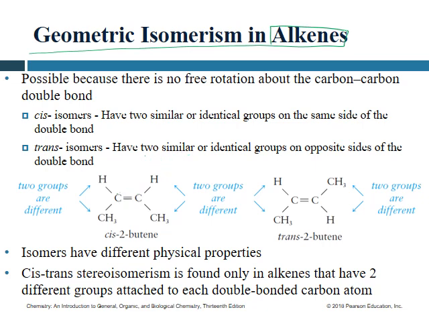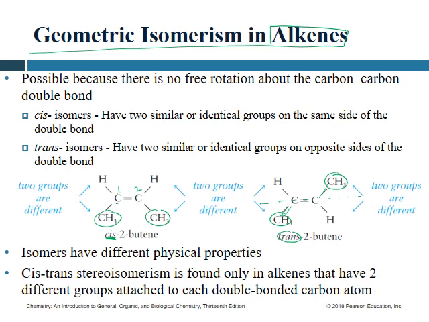So if you have, let's say this one, this is an alkene, carbon number 1, carbon number 2, and if you have two groups attached to the carbon on the same side of the carbon double bond, then we have cis. If the two groups are attached on the opposite side or opposite plane of the carbon double bond, one above, one below the plane, then we have trans, the same way we have for cycloalkanes.